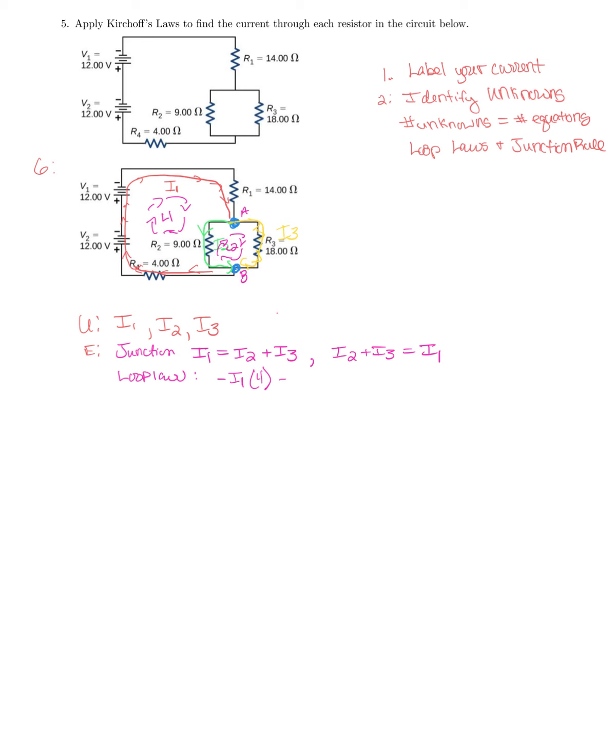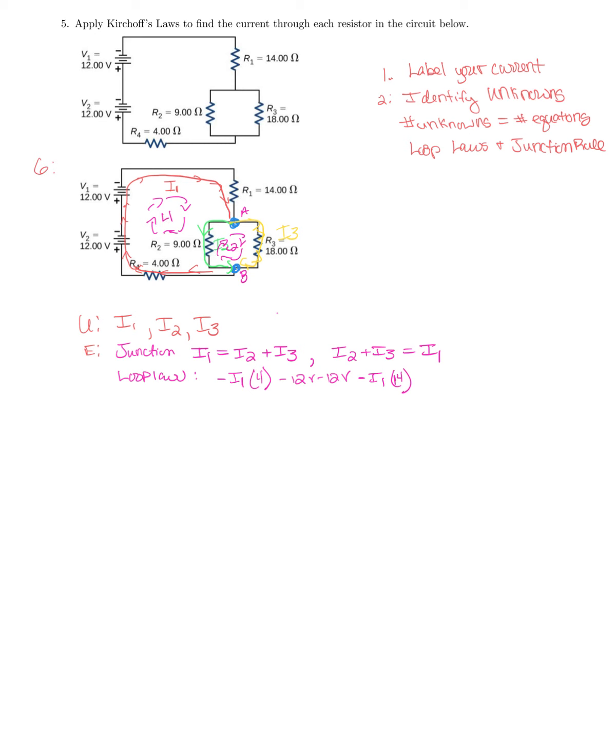Then we come around here and hit this resistor, and our loop is going in the same direction as our current, so we're subtracting that too: minus I1 times 14 ohms.